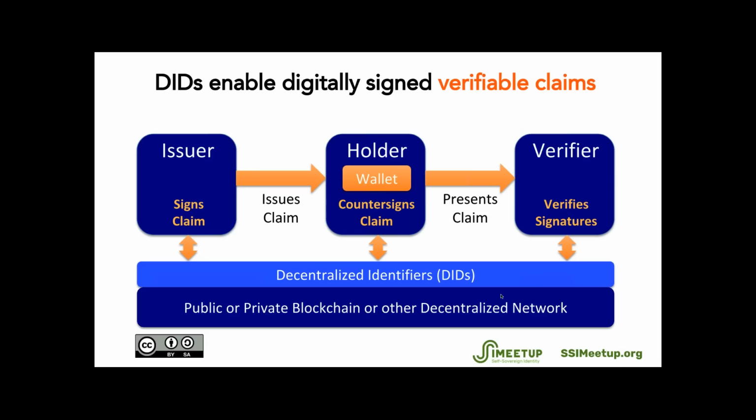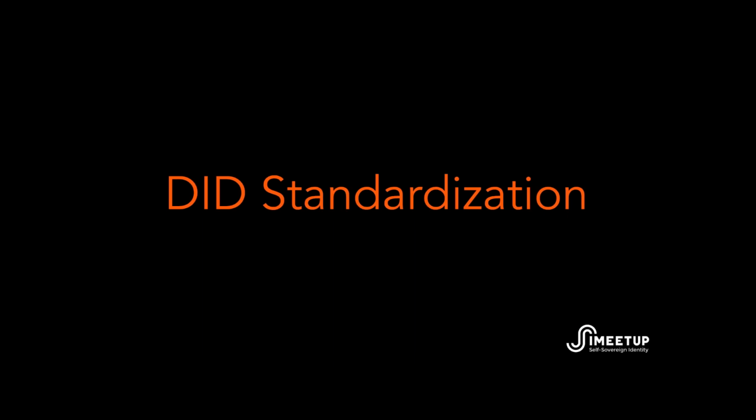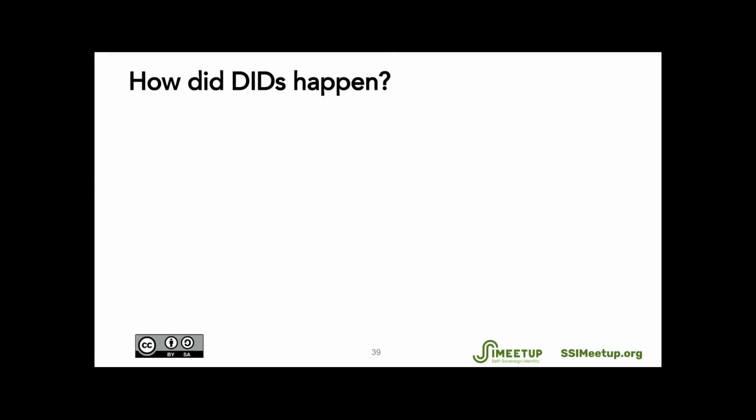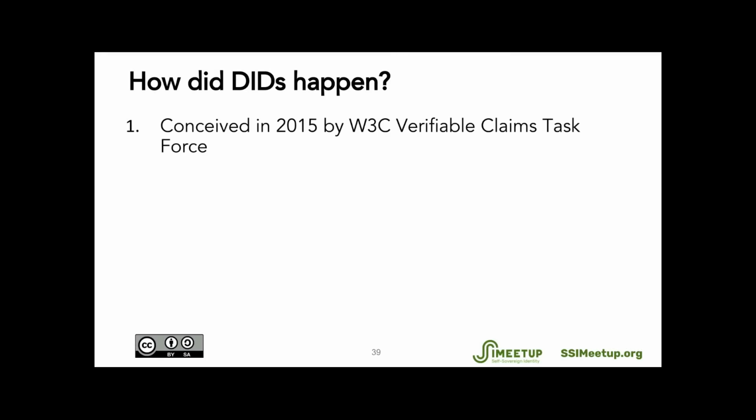Then I'm going to wrap up here by covering what we are doing for DID standardization. A little background that I covered on the last slide. DIDs were originally conceived, in the term DID, by the Verifiable Claims Task Force, which was the community group that existed at W3C before they created the working group.